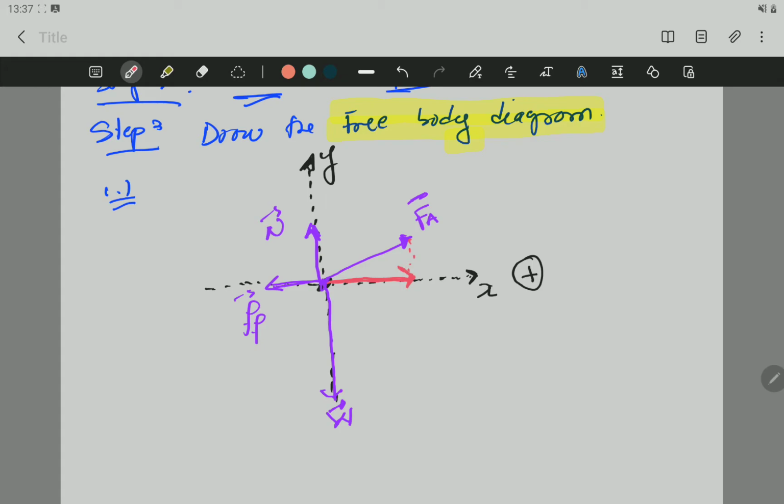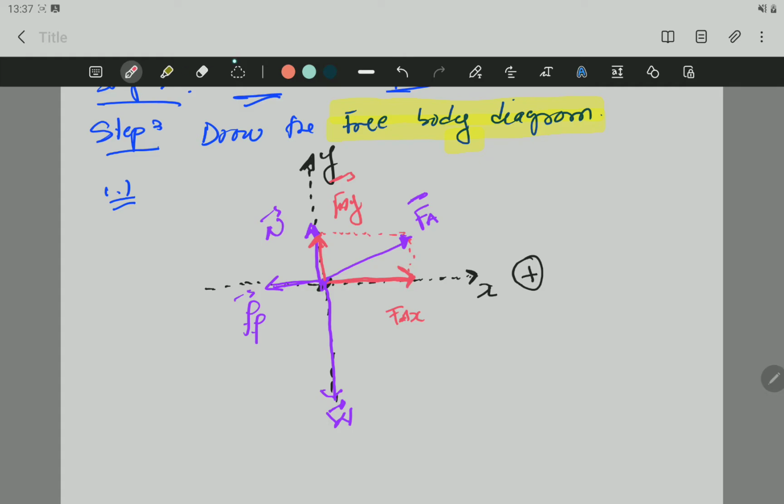This is the component in the x direction and is called applied force in x, sometimes called the parallel component of the applied force. I prefer to say applied force in x because I'm using the axis. And if you determine the component of that force in the y-axis, you get here the applied force in the y-axis. All right, that is what we have.